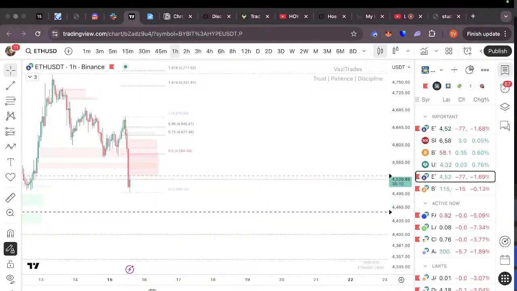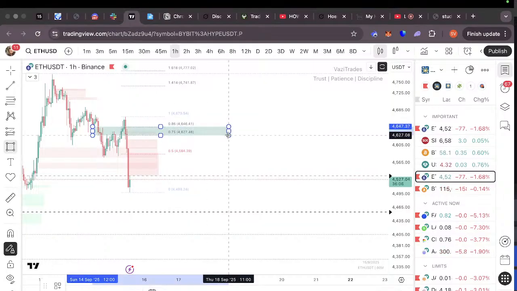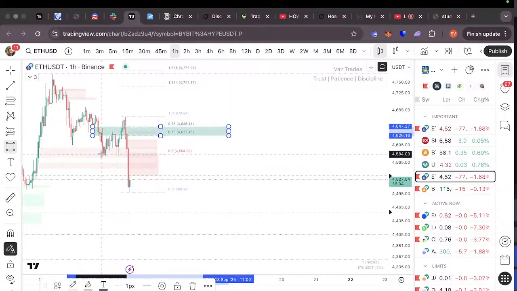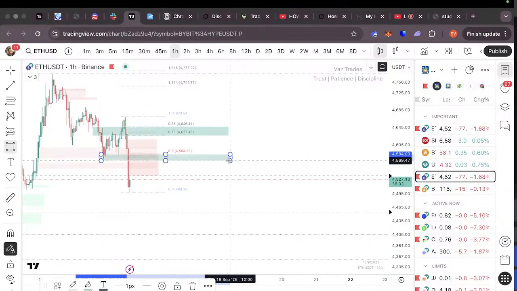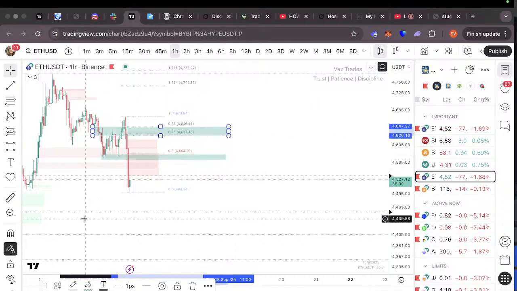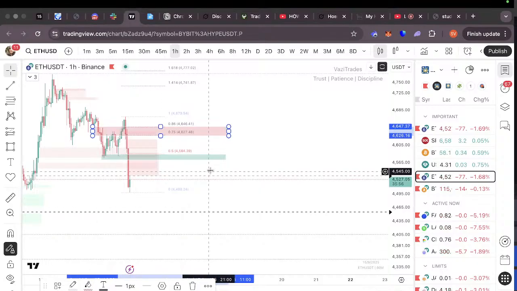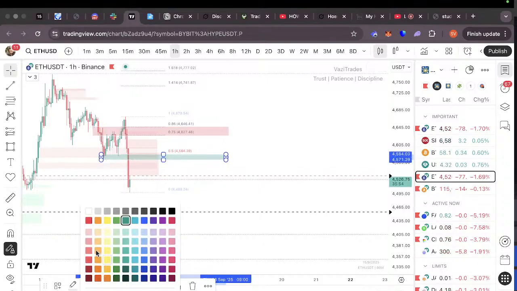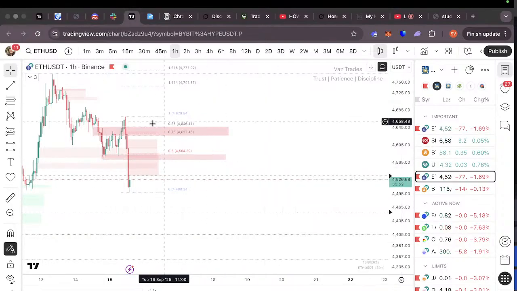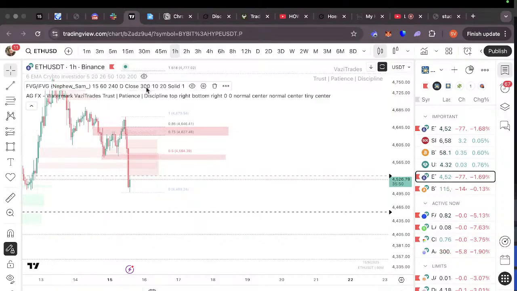So on 1 hour, these areas will be potentially strong areas to short. Let me highlight it. And they also align with the FVGs.